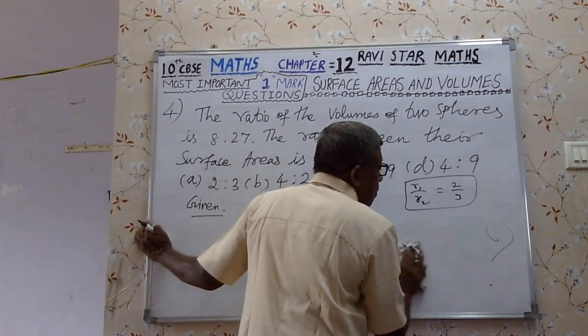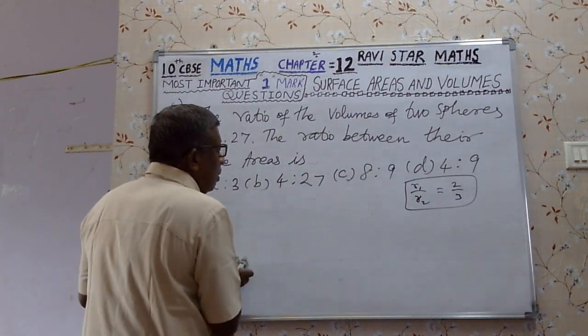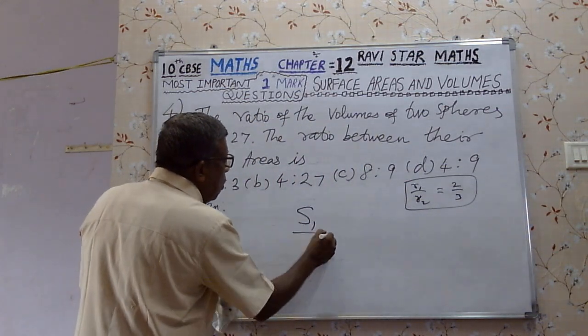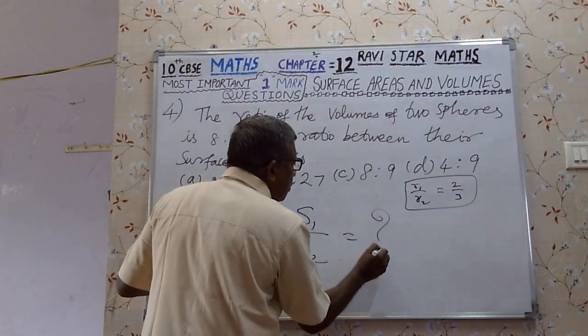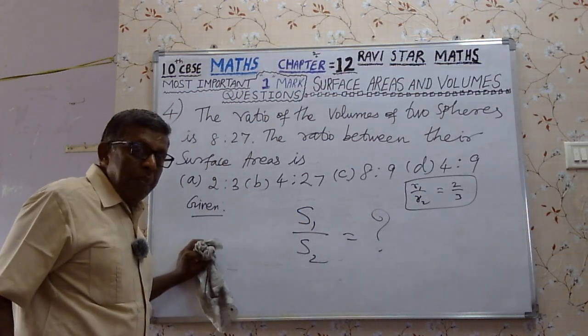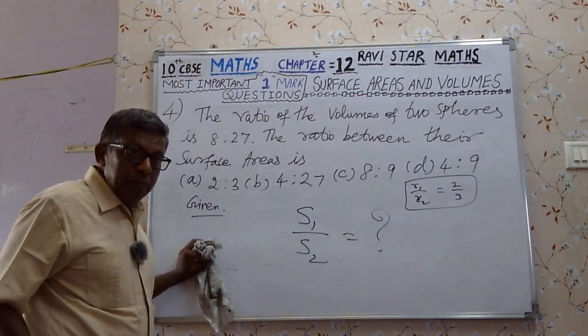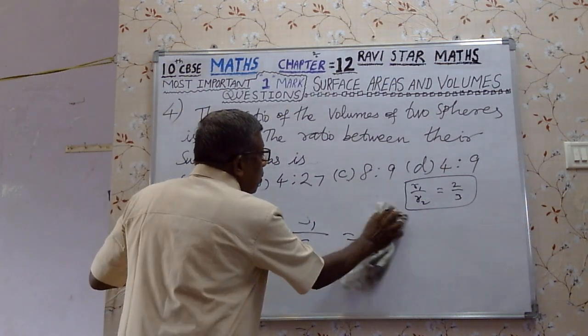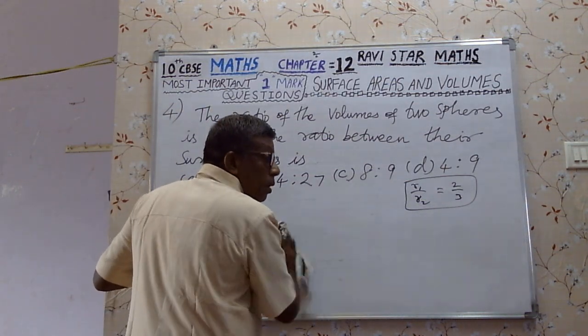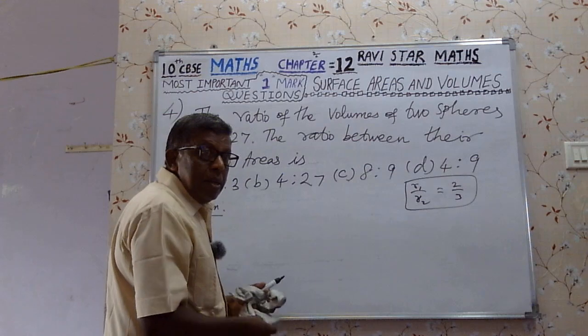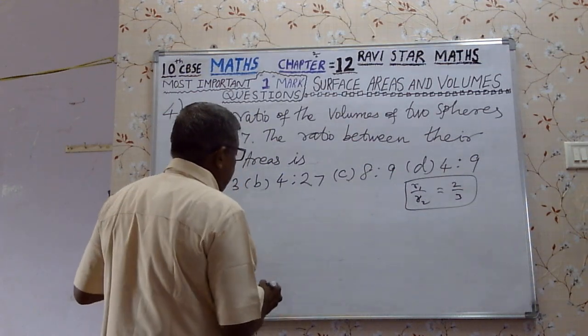That is, we want to find S1 by S2 equal to what? Surface area of the first sphere is to surface area of the second sphere.